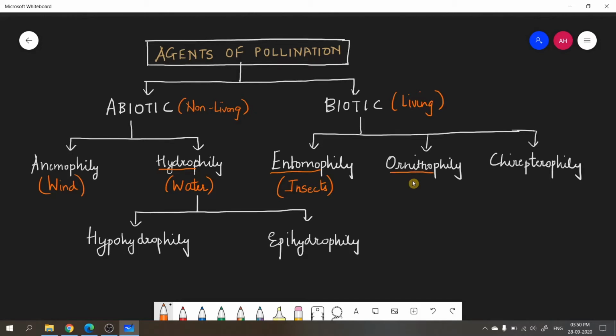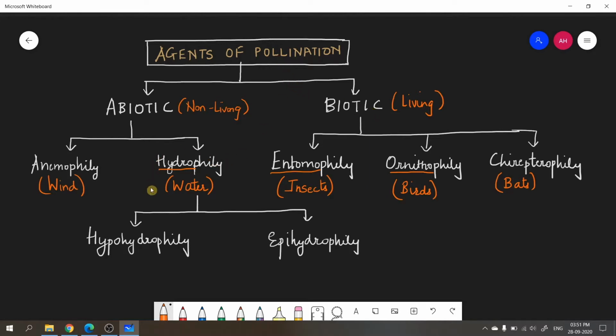So ornithophily is carried out by the birds. And the third one over here is Chirepterophily. Chirepterophily is a type of pollination that is carried out by the bats. Alright, so insects, birds and bats, all three are the living agents, that is the biotic agents involved in pollination.